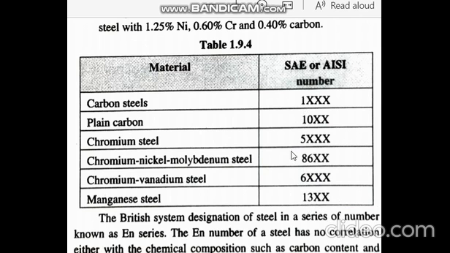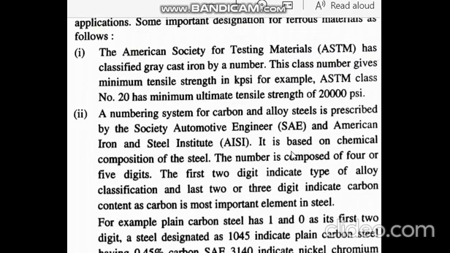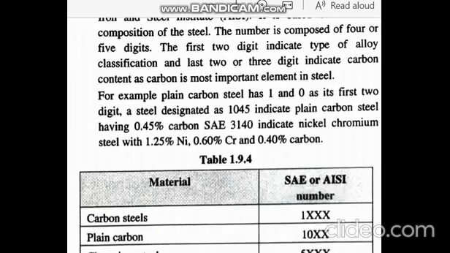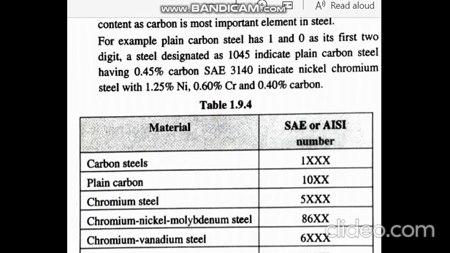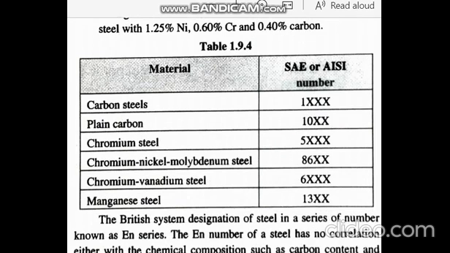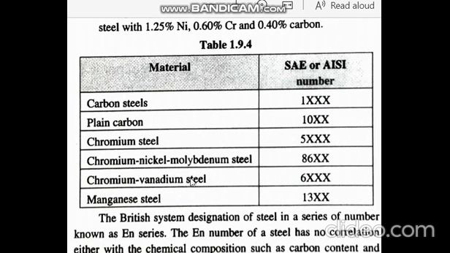American standards, I told you there are 3 important standards. One is ASTM, another is SAE, and third is AISI. Okay, as of now you just know the names of the institutes, and how at least these things in this table, especially these plain carbon steels, are designated.